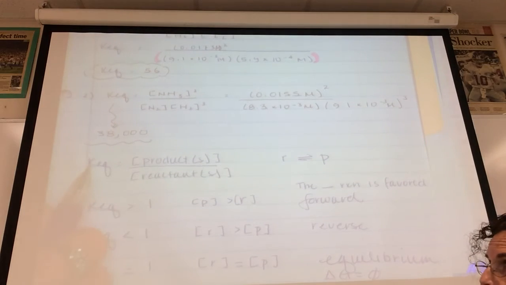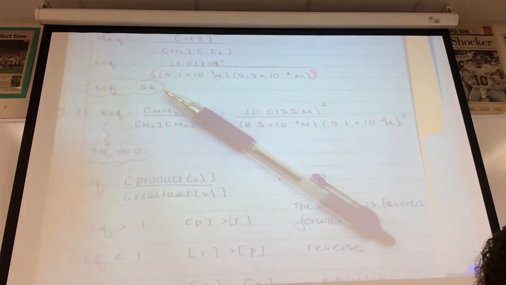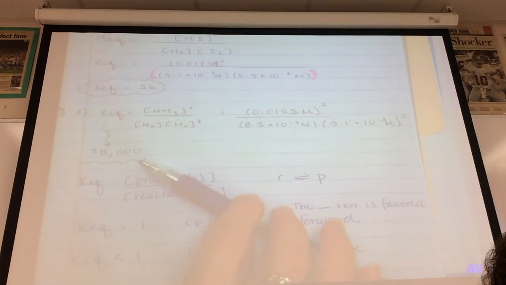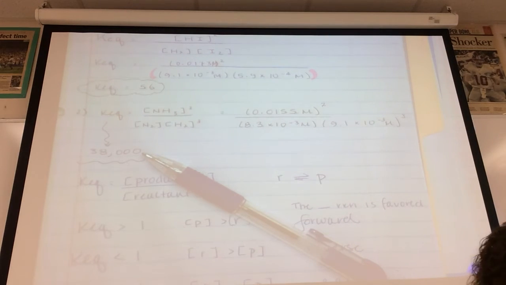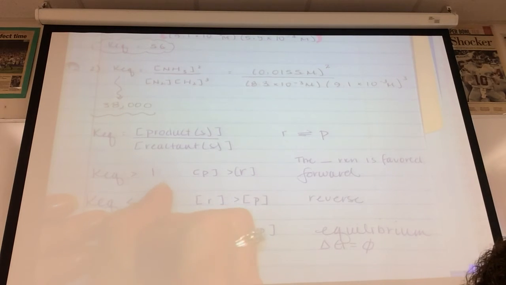So from the two problems that we did, with the KEQ of 56, is the forward or reverse reaction favored? Forward, because KEQ is greater than 1. What about this one? Forward. So an example of this one might be like 3.0 times 10 to the negative 4.